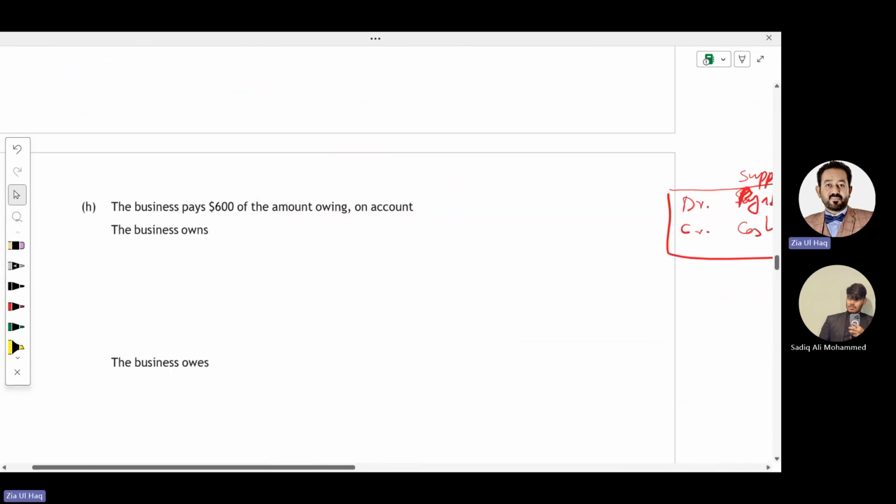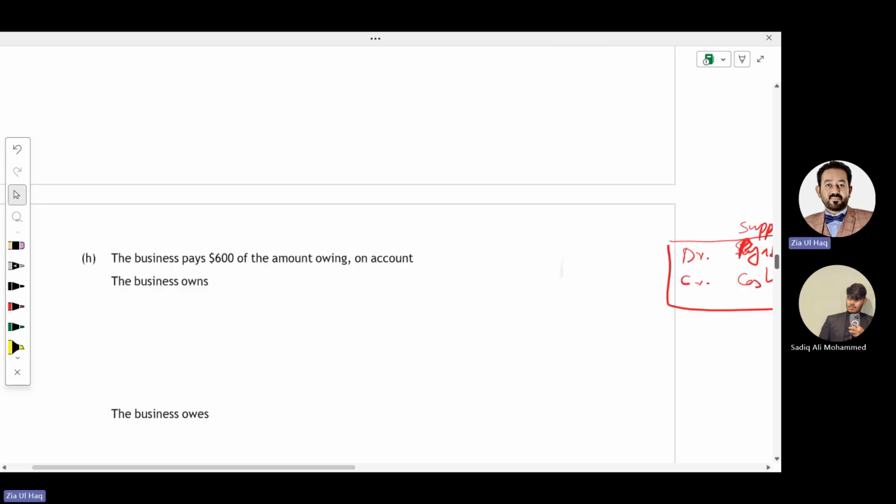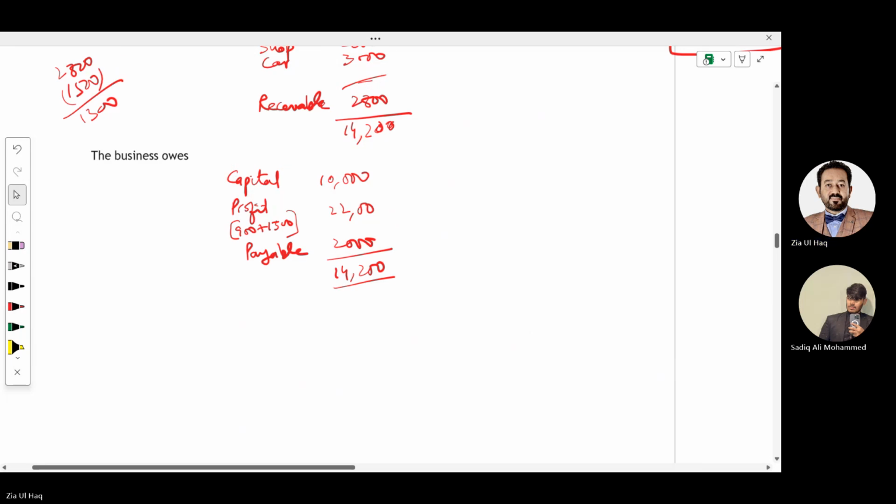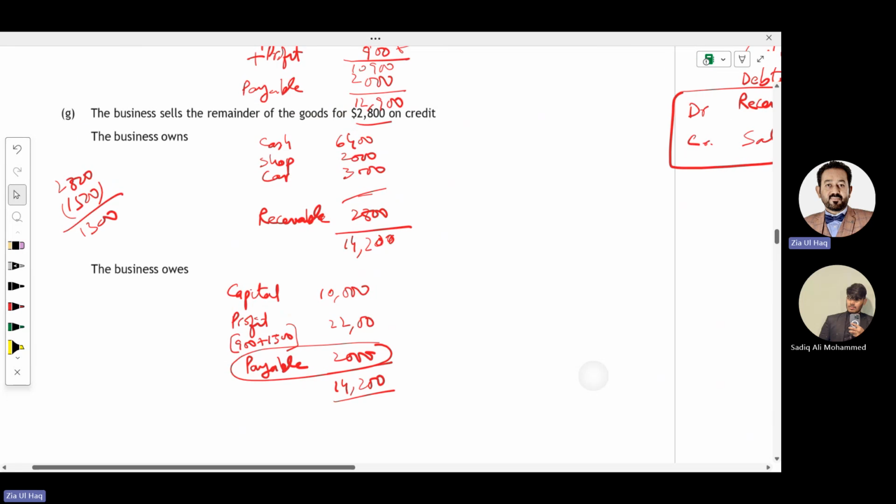Okay. The business pays 600 of the amount owing. Which amount owing? This 2,000, from this 2,000 we paid the 600. Cash going out. How much cash business was having? 6,400.